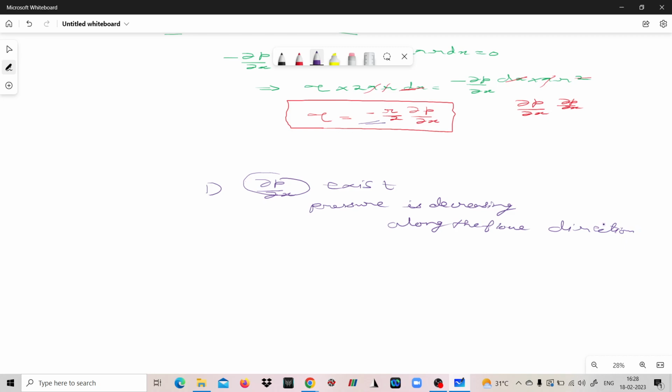So the first important part is that flow will take place only if there is a pressure gradient along the flow direction. The second point is that the pressure is decreasing along the flow direction. Then, as I have told you, del P by del X is a constant, and this can be derived from the Navier-Stokes equation.